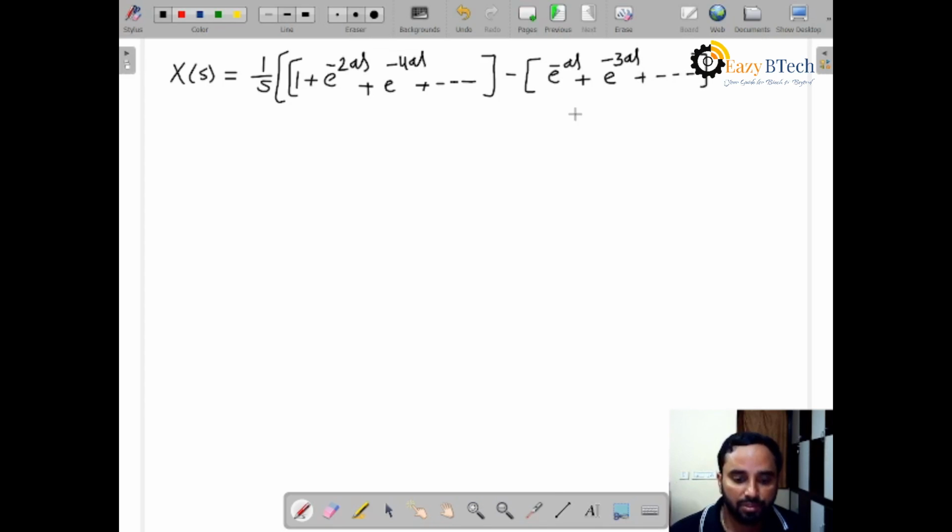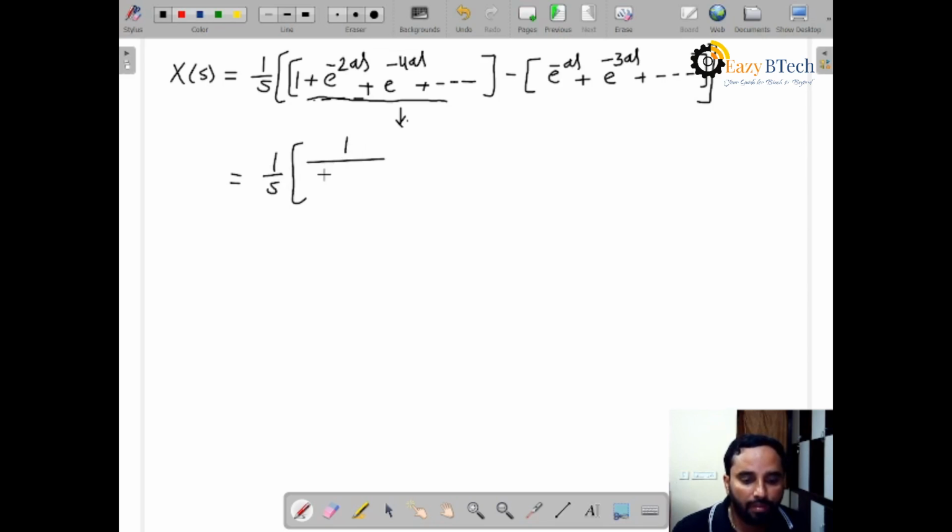So this series we can write as 1 by s times 1 by 1 minus e power minus 2as. Suppose e power minus 2as is x. Then we get 1 plus x plus x square, and so on, right? So it is the series 1 by 1 minus x.